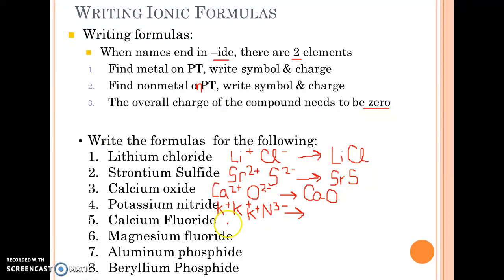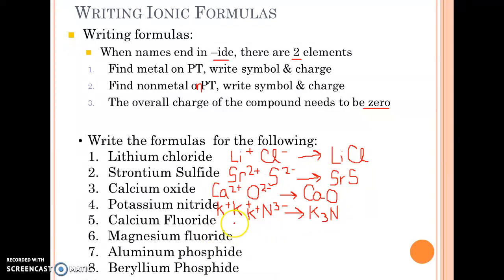So when I'm writing my chemical formula, I'm going to look to see how many times I wrote potassium. I wrote the potassium atom 3 times. So I have potassium with a subscript of 3. And I only wrote nitrogen once, so my chemical formula is K3N.